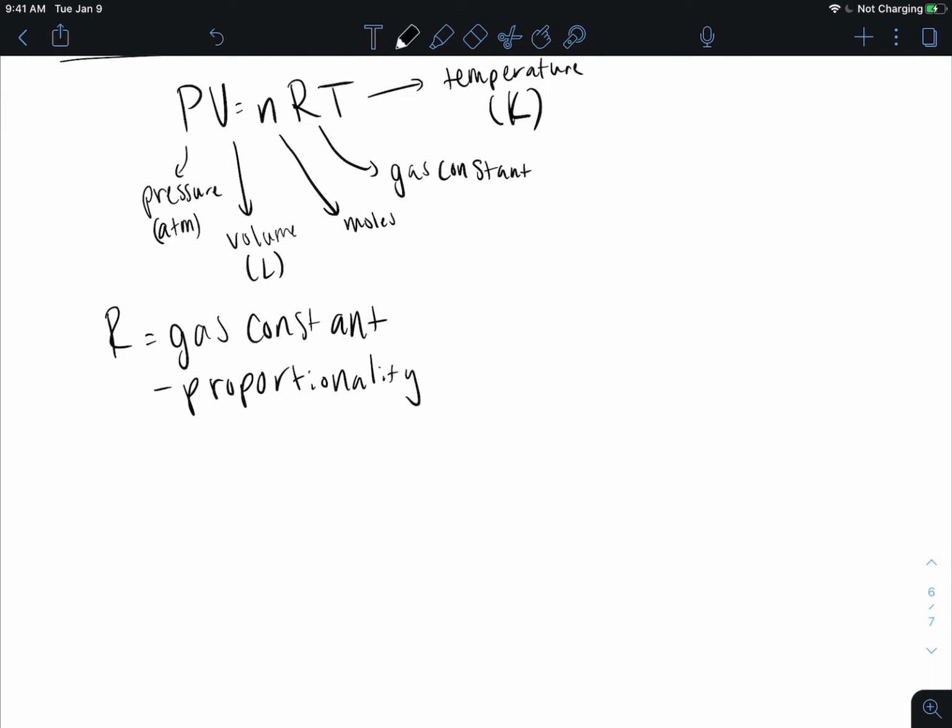So our gas constant has a couple different values depending on what units we use. Let's go through our two most common. 0.08206. This is the one you will almost always use for this chapter. In this case, we need to have our pressure in atmospheres, our volume in liters, and then, of course, moles and Kelvin.